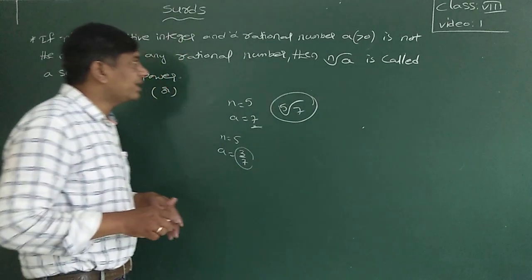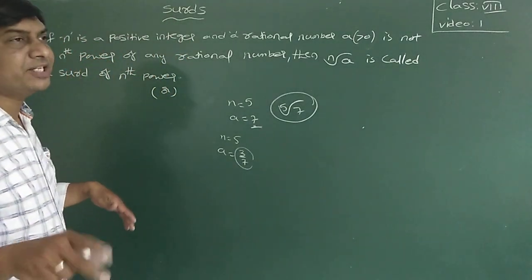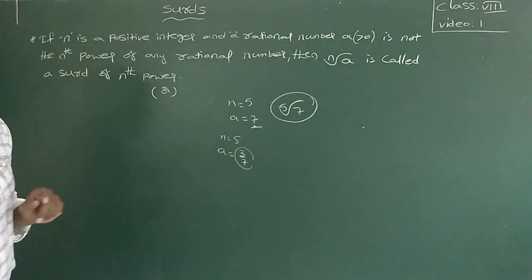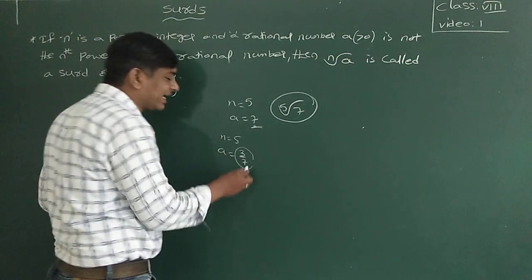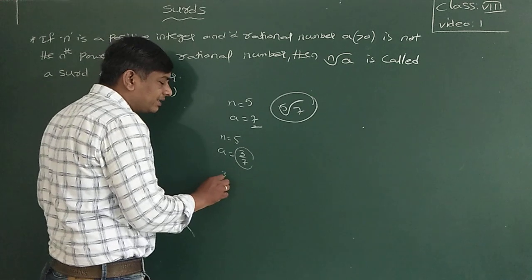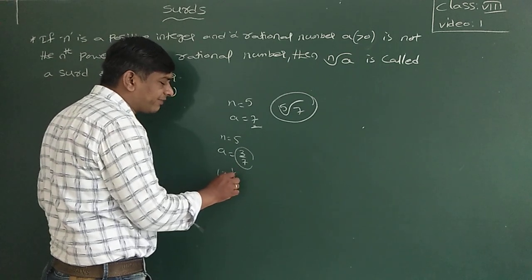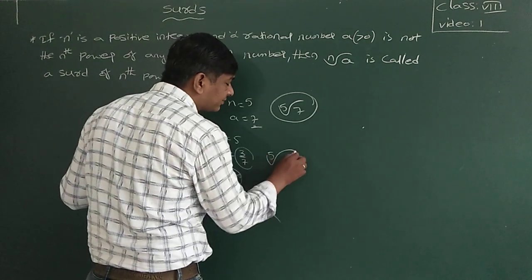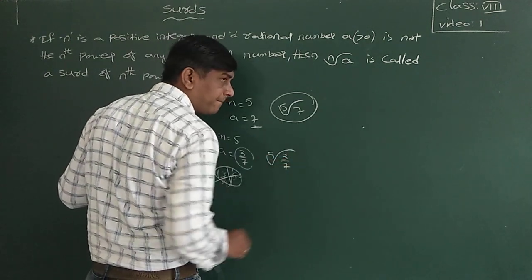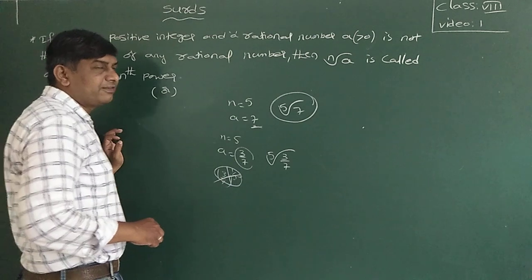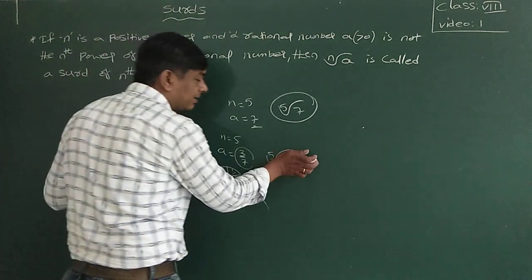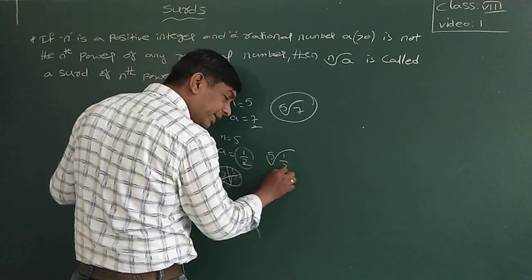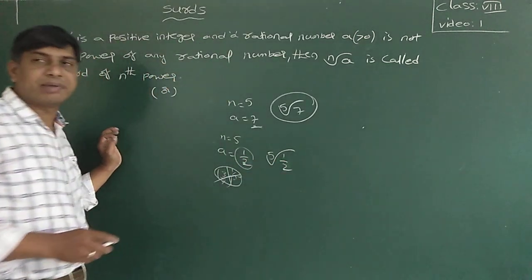A is any positive number which is not the nth power of a rational number. 3 by 7 cannot be written as 3 by 7 whole power 1 by 5, we can't write. So the fifth root of 3 by 7, or 1 by 2 you take, the fifth root of 1 by 2.